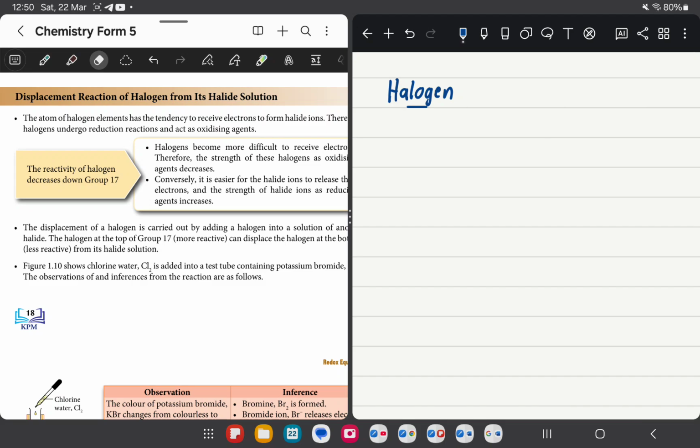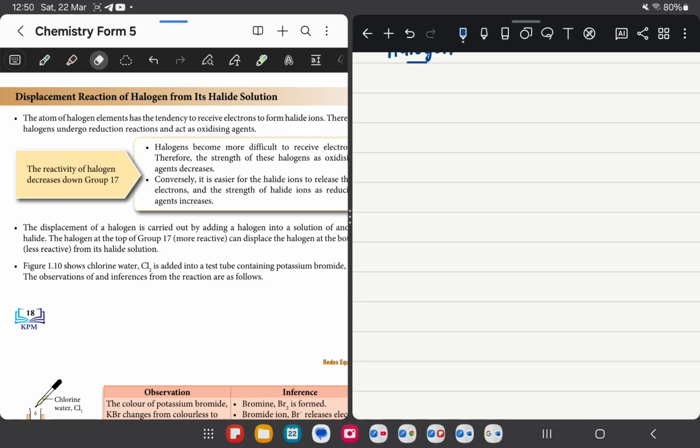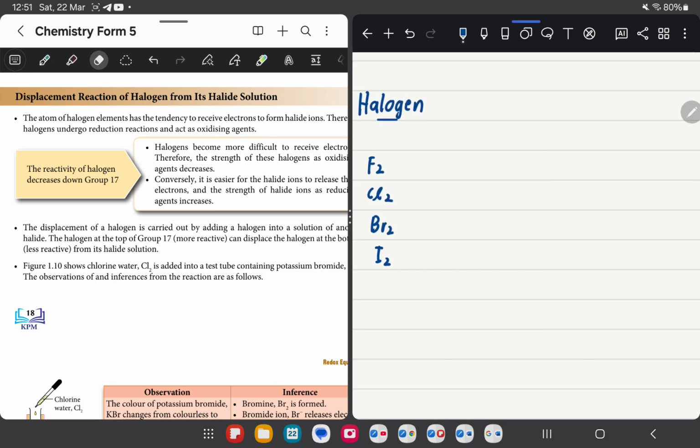So halogen is for sure an element, but it is a molecule. Why? Because your famous halogens are F2, Cl2, Br2, and I2. In halide form, most of you say F2 minus. No, no, no. They will become F minus, Cl minus, Br minus, and I minus.